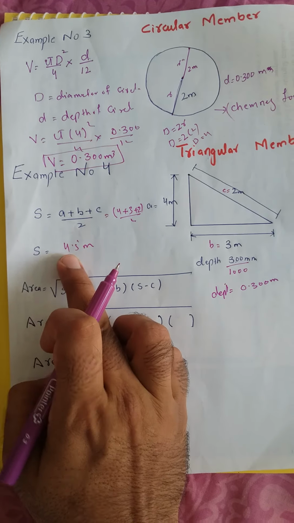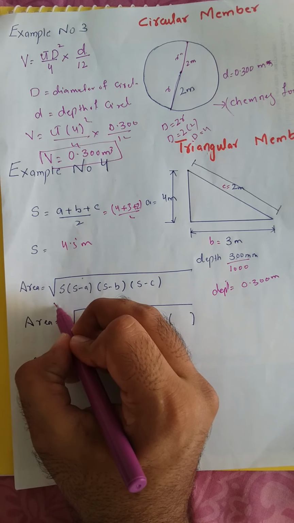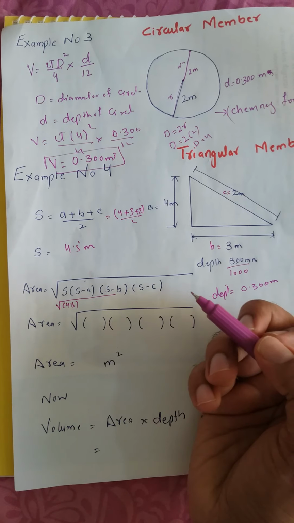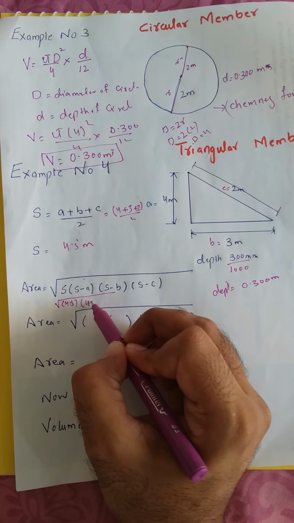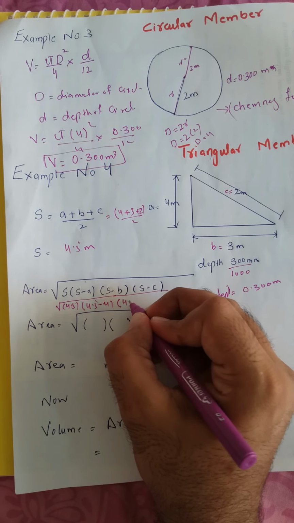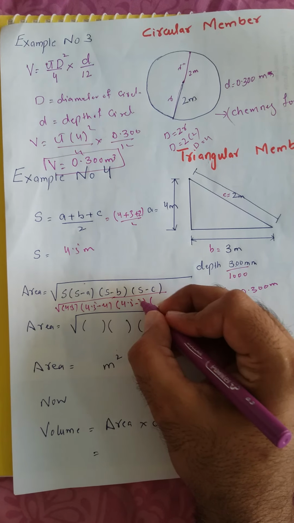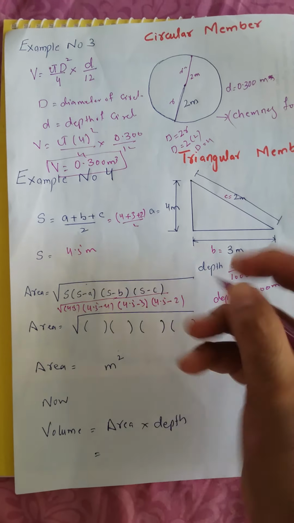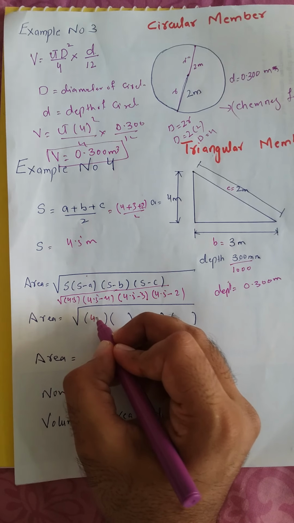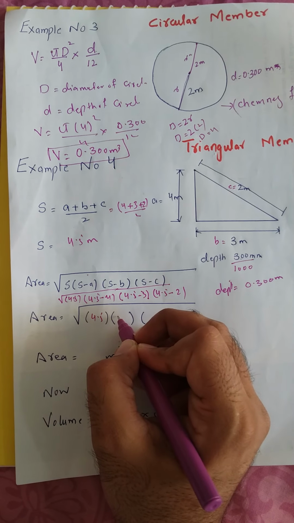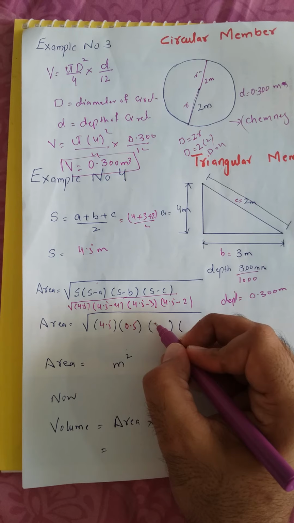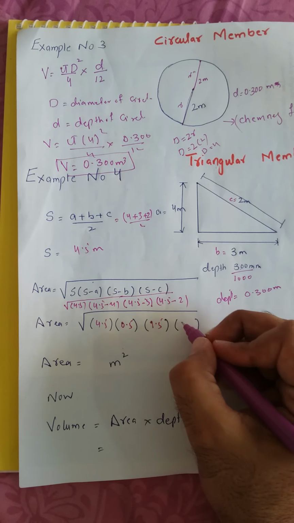Now using this 4.5 meter in this formula: S minus A, 4.5 minus 4, S minus B, 4.5 minus 3, S minus C, 4.5 minus 2. Putting all values, we get S as 4.5, 4.5 minus 4 we get 0.5, 4.5 minus 3 we get 1.5, 4.5 minus 2 we get 2.5.